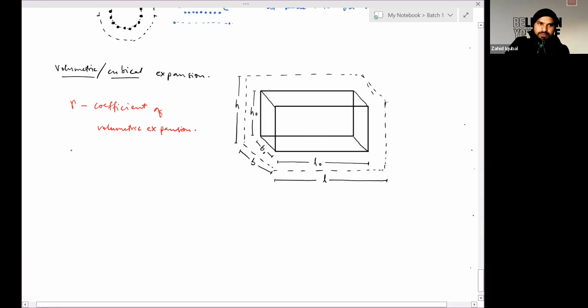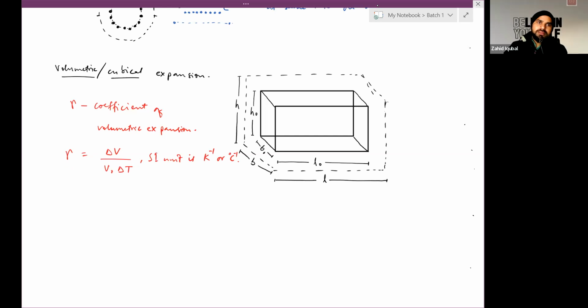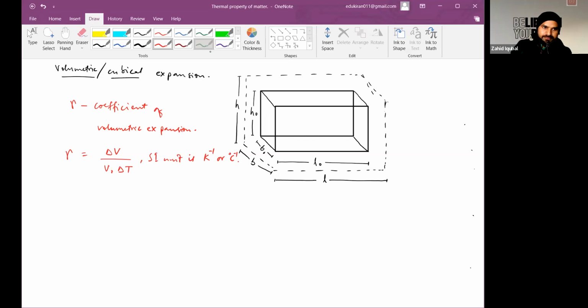So again, it will be equal to delta V divided by V naught times delta T. So its unit related to this expression will be Kelvin inverse or Celsius inverse.